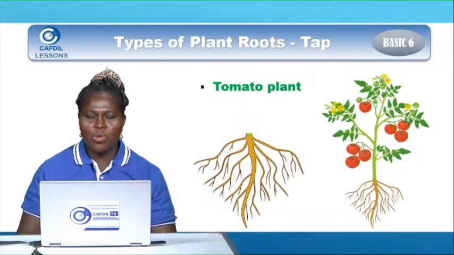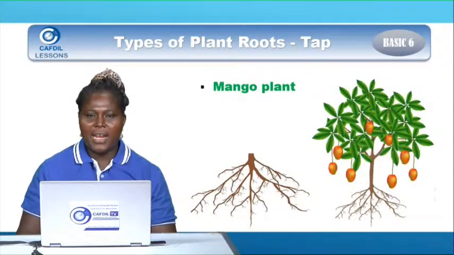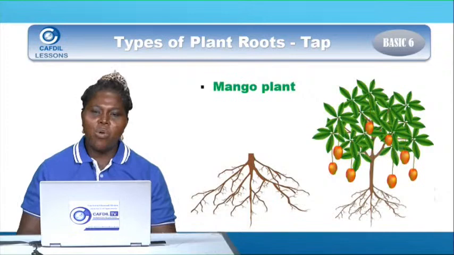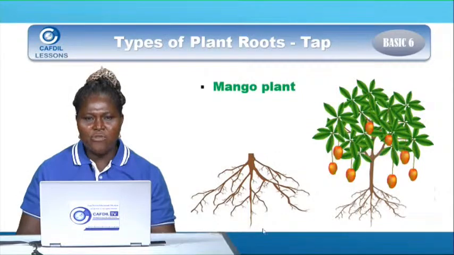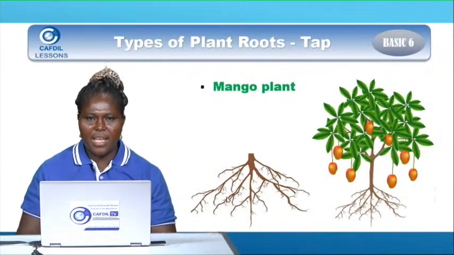Another example of a plant with tap root is the mango plant, as we can see on our screen. It has the main root, side roots, and then the root hairs. So the mango plant has also got the tap root system.